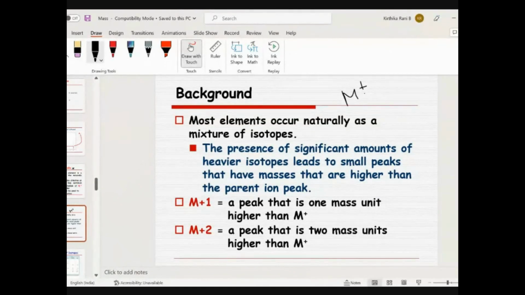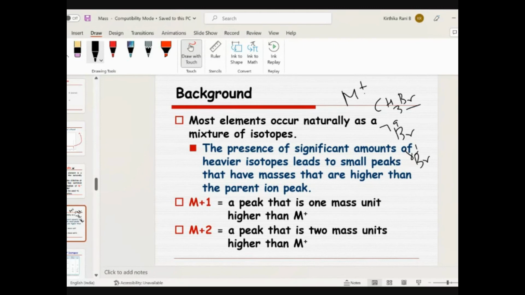Now suppose I take CH3Br. Here the isotope is bromine. Bromine has two isotopes, bromine 79 and bromine 81, and the isotope abundance is 100% for bromine 79 and nearly 98% for bromine 81, so nearly 100%.